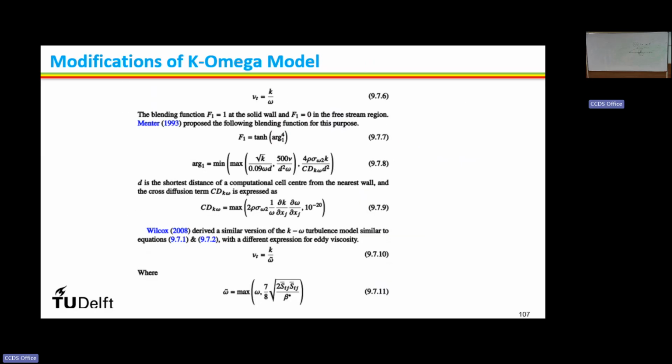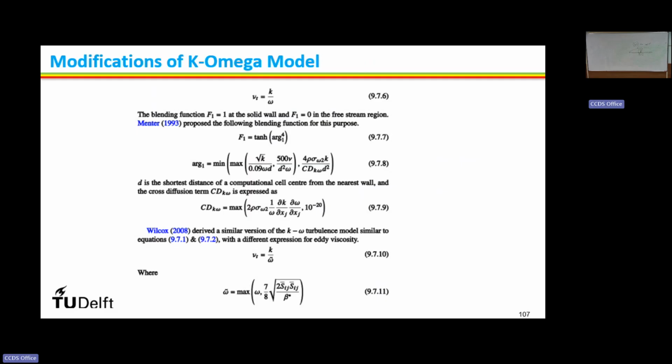Then yes, the question came in the k omega SST model, right? In Menter's 93 paper, he found the eddy viscosity is k by omega. I'll come to how it changed subsequently. In the 93 paper, he prescribed the eddy viscosity as k by omega, not any scaling factor, nothing. And how does this blending function look?